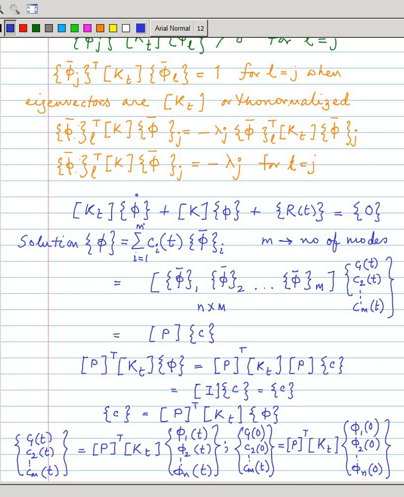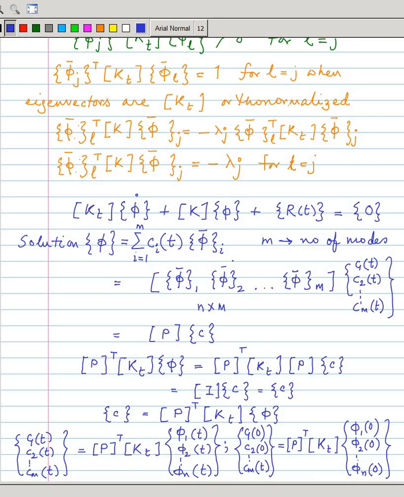You can take up to the mth mode, where m is less than n, and you assume a solution of this form. We are again using the same symbol phi for the solution. For the homogeneous part also we assumed phi to be the solution, and for this also we are using phi as the solution. So keep it in mind.